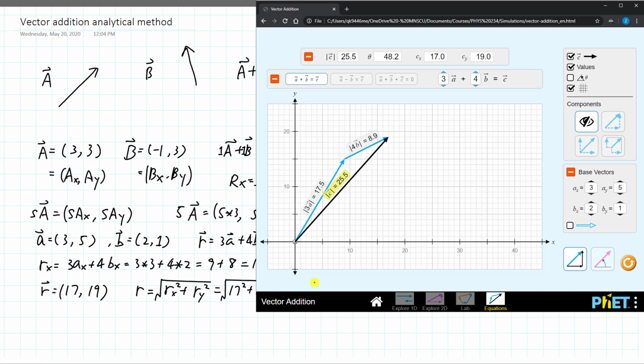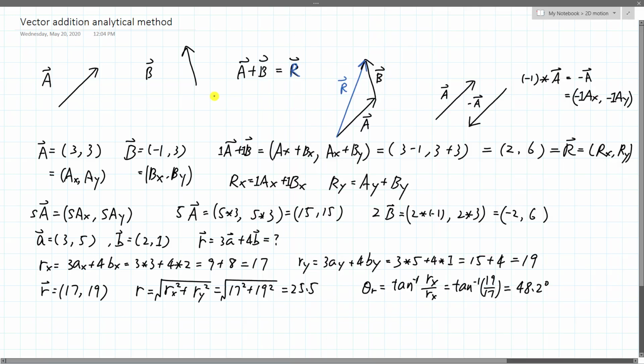So this basically demonstrates how to add vectors. You just add the x components together and then separately add the y components. Oh, they spotted a typo here. Okay. So separately add the y components together, and if the component itself is negative, you just use that negative.